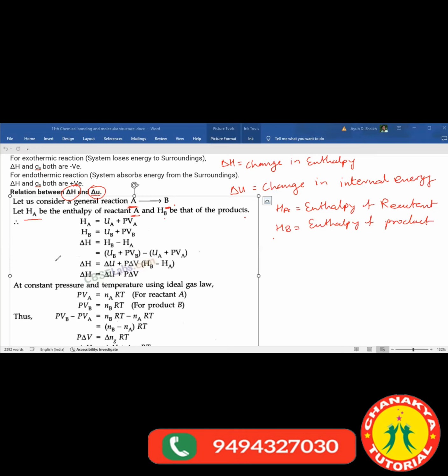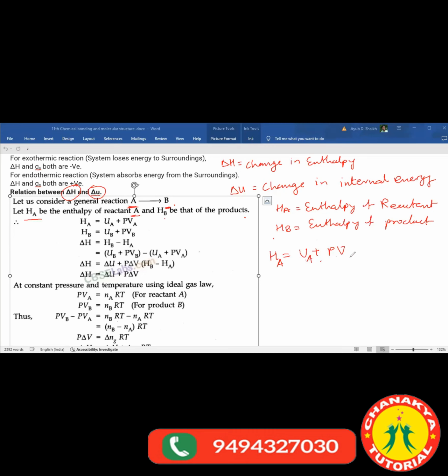Now, we know the general formula, H is equal to what? U plus PV. It is the summation of the internal energy and the pressure-volume work. We have seen the definition of enthalpy, right? Now, the enthalpy of the reactant would be HA equal to UA, the internal energy of the reactant, plus PVA.